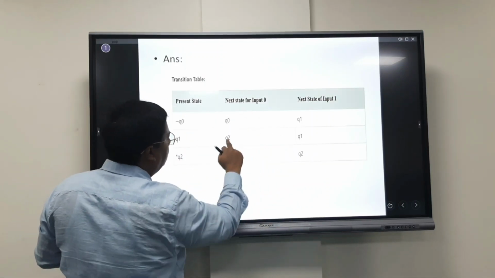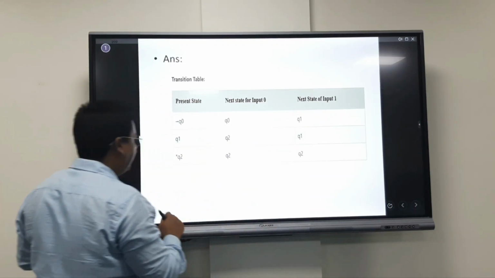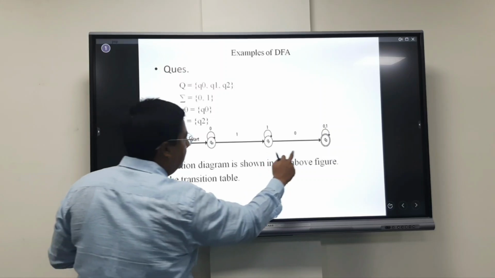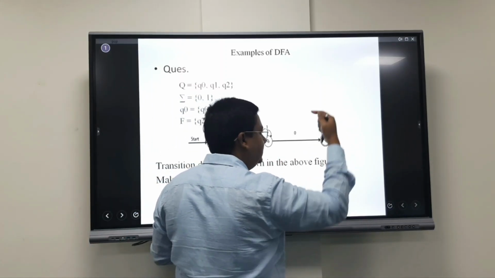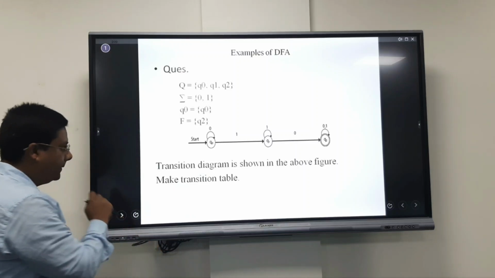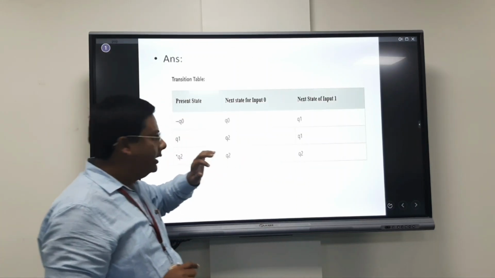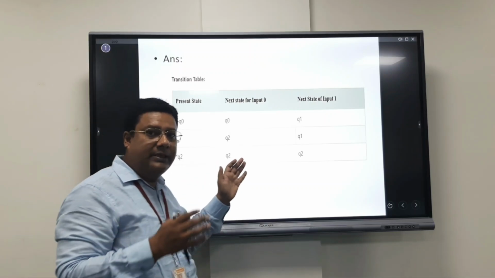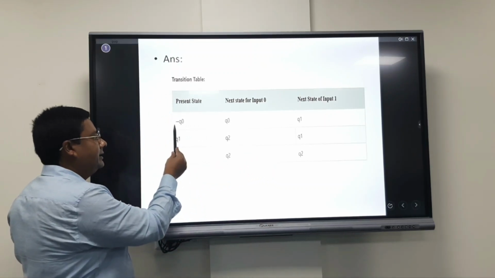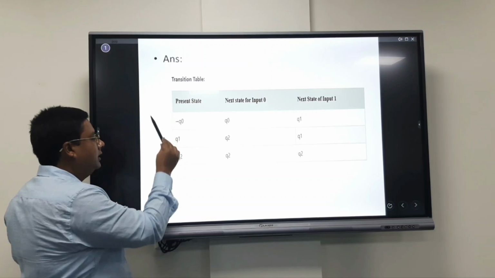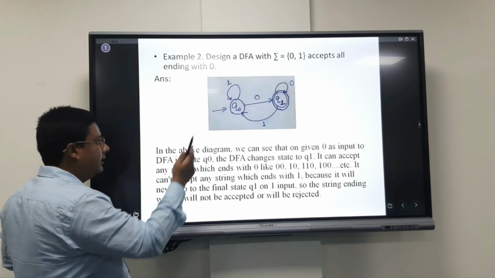Q1 at 0 goes to Q2, and at 1 it is a self loop. Now Q2: in both cases, at 0 and 1, it is a self loop to Q2. In the table, we also represent the initial state and final state. The initial state is represented by an arrow, as I told you, and the final state can be represented by a star or a double circle.